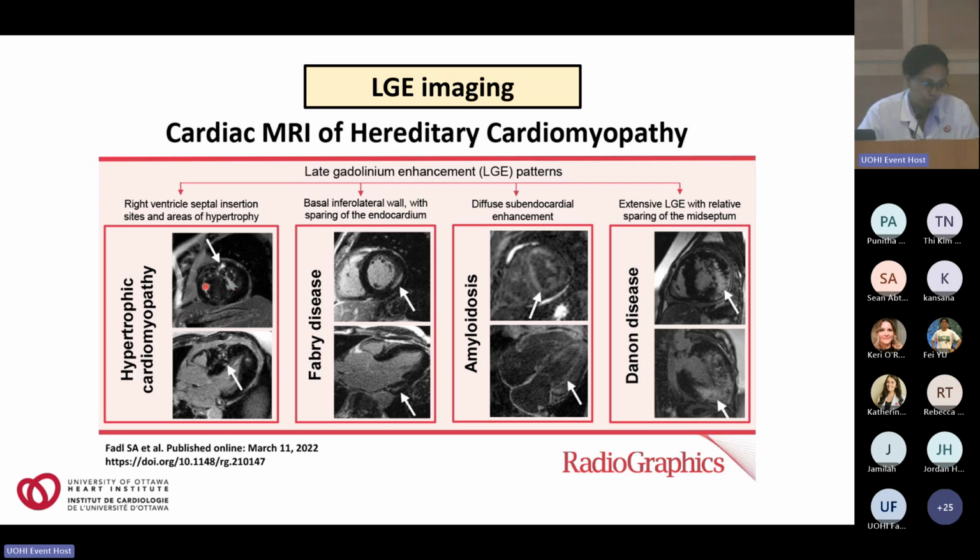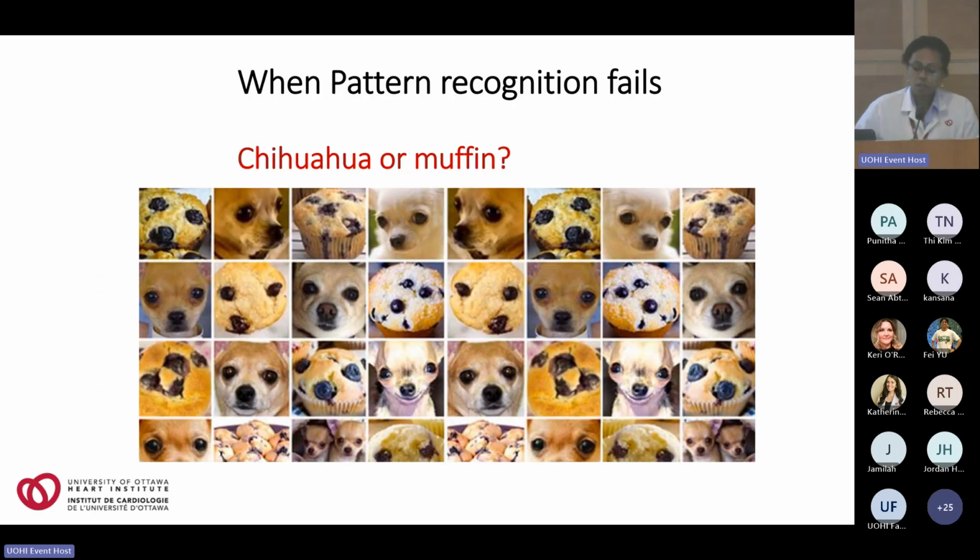Sometimes, such as mid-myocardial enhancement where most of the hypertrophy is present, or when the insertion points are involved, that's typical of HCM, whereas this mid-wall, inferolateral wall involvement is more common with Fabry, and amyloid, as you can see, more diffusely enhancing, global subendocardial or transmural, and with Danon's disease, for example, sparing the septum could be a clue. But this may not always be helpful.